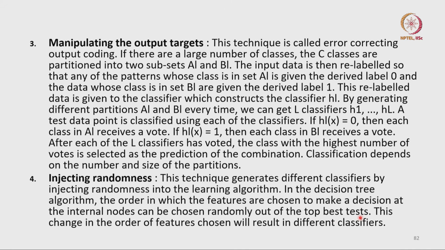In other words, you do not always use the best attribute, you can randomly change it. You use one of the better attributes, and that will change the entire decision tree, right. So, you can get different decision trees which give different hypotheses basically.